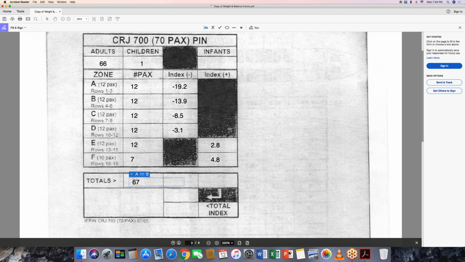So what's our negative index? I believe it's negative 44.7. And our positive? 7.6. Okay.